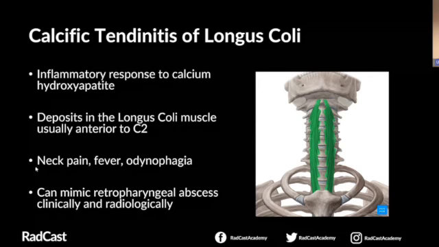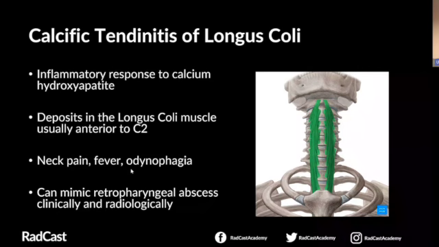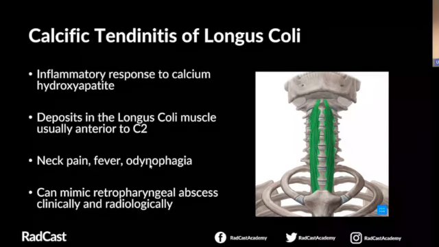Clinically, it can present just like a neck abscess or retropharyngeal abscess. They'll have neck pain, fevers, and odynophagia. So it's just something to be aware of, because it can really mimic a retropharyngeal abscess, but it's treated completely differently. It's treated with analgesia and non-steroidals.